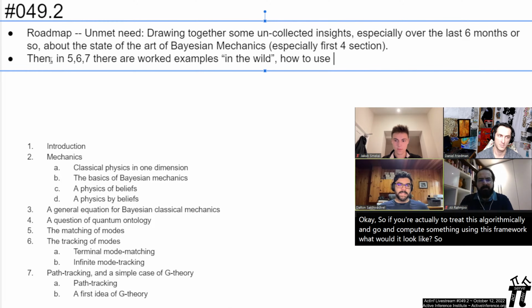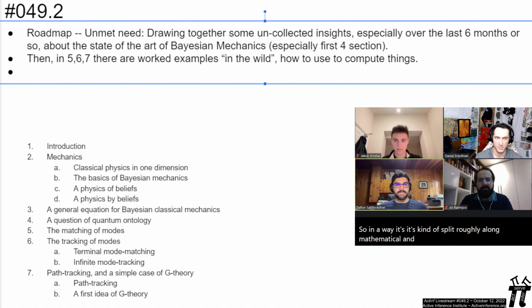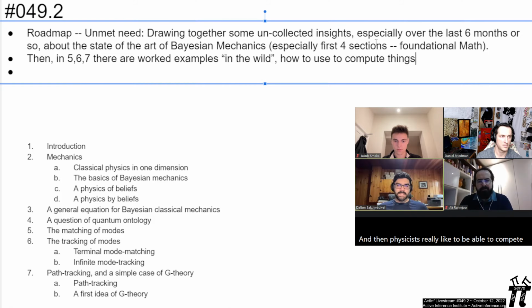In a way, it's split roughly along mathematical and physical lines. Mathematicians really like foundational, rigorous stuff, and physicists really like to be able to compute things and say something about models of the physical world.